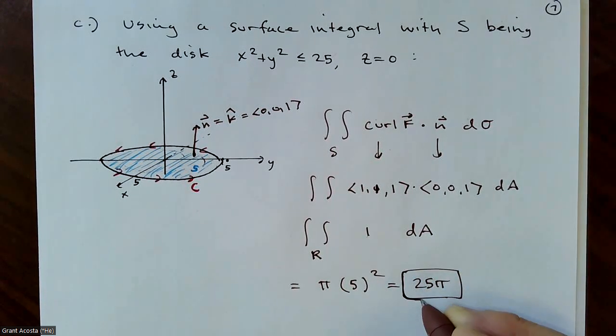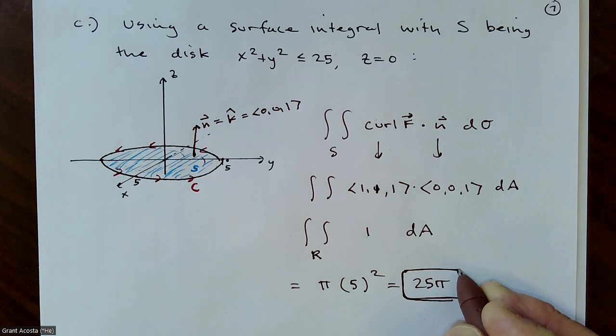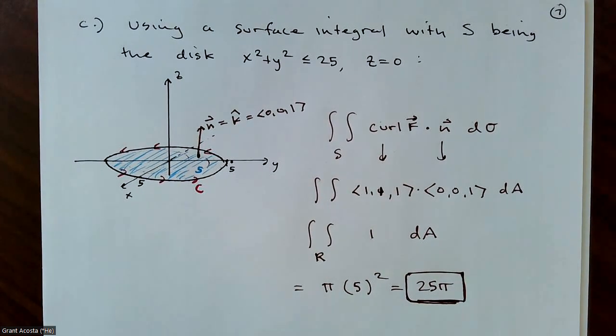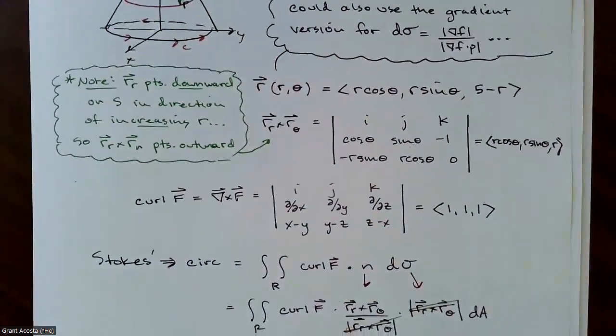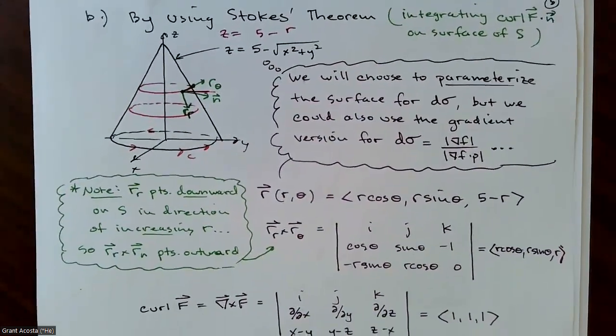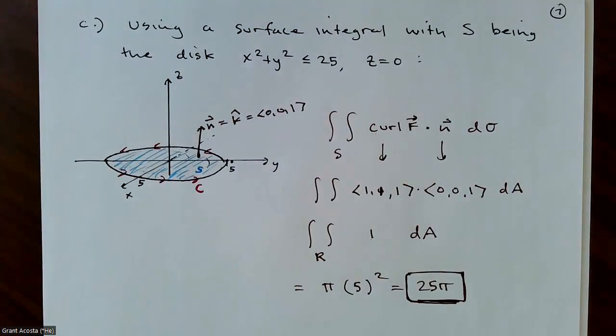That's something to maybe ask, because it is true and it's going to be a lot easier, and it does show that you understand what Stokes' theorem is. I'm sure there might be some professors that say, yes, I know that's true, but I would like you to do this integral that we just did over the cone as well. That could be a conversation you have with your professor.